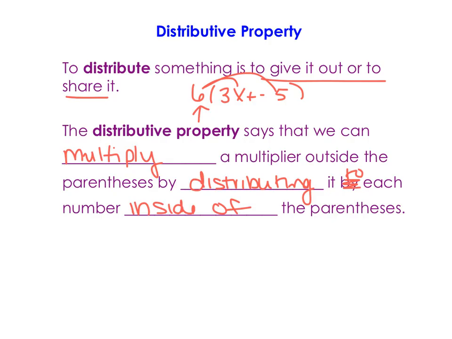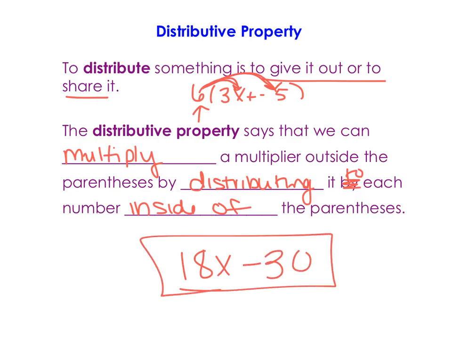So when we took that 6 and we were multiplying it by both values inside of the parentheses, and we rewrote it as 18x minus 30, that was the act of applying the distributive property to rewrite a mathematical expression.